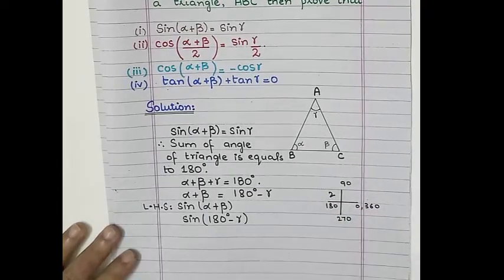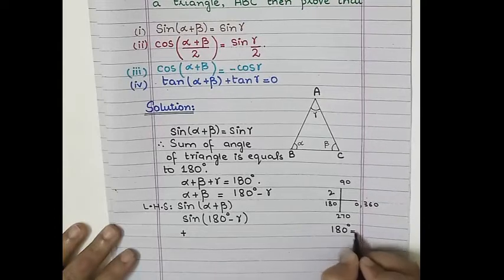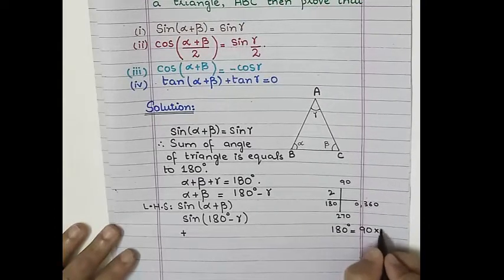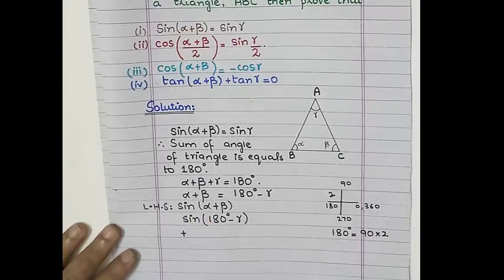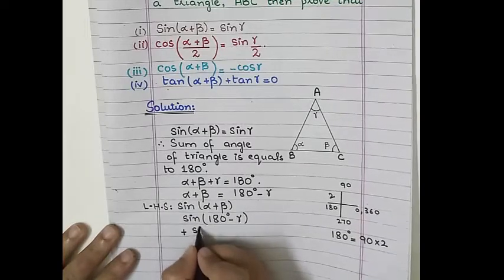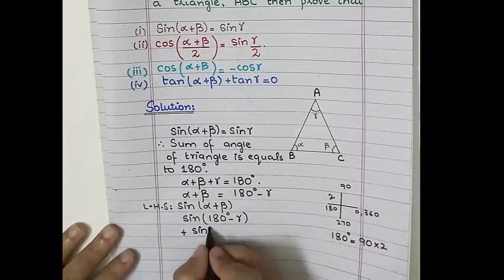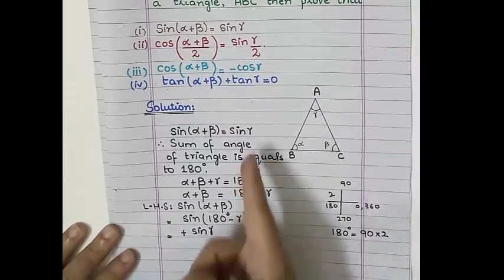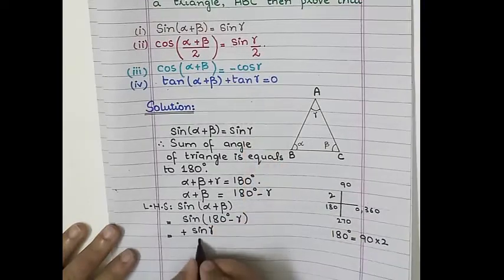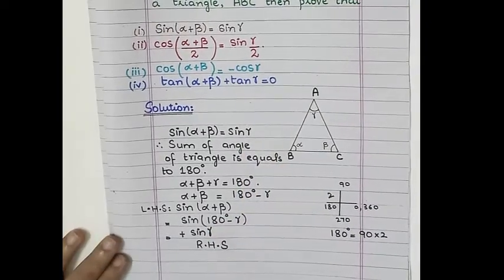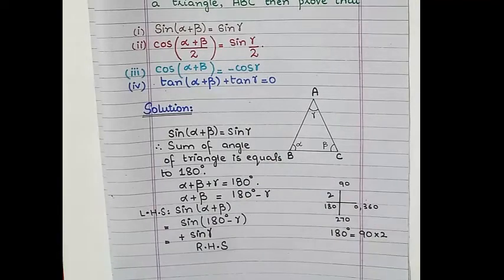In the second quadrant the value of sine is positive. Again, 180 is an even multiple of 90 degrees, so sine will not be changed into its co-ratio and we have sine and the angle gamma, which is the right hand side. So in this way we have proved the very first result.